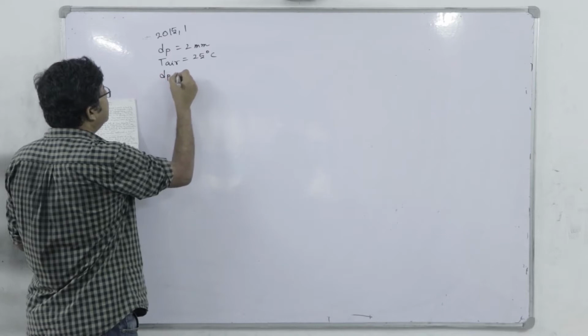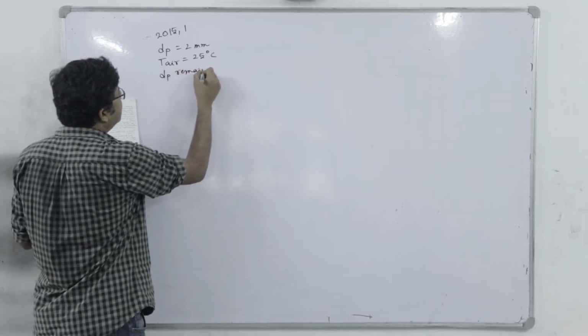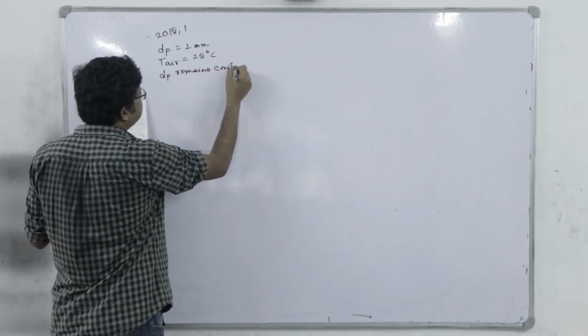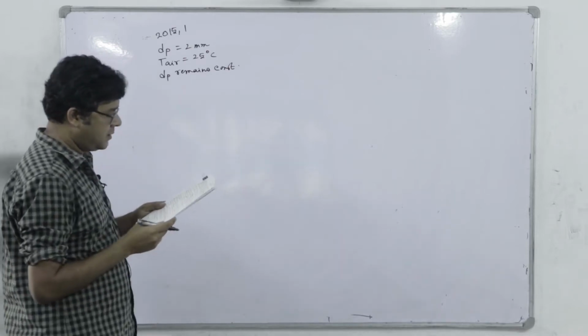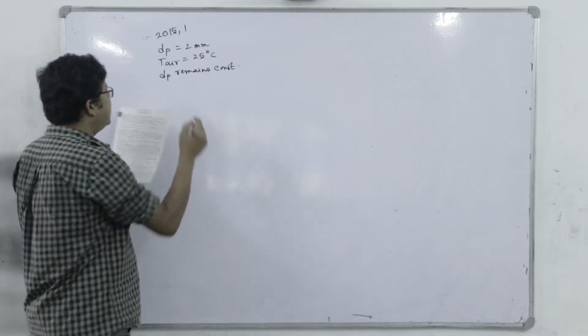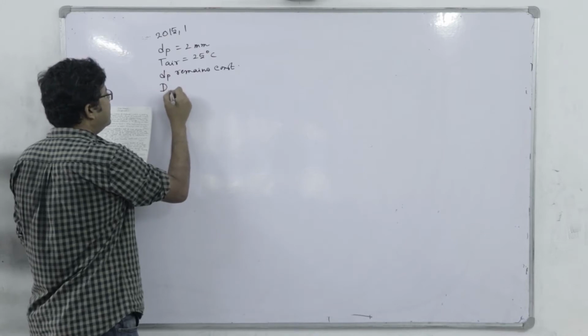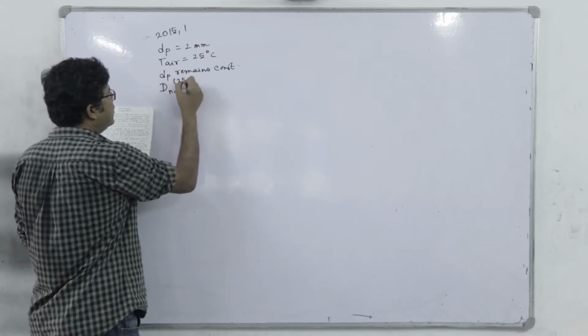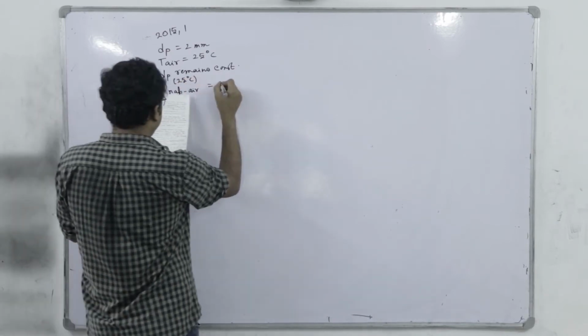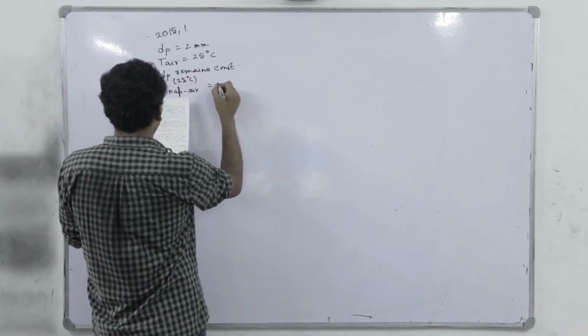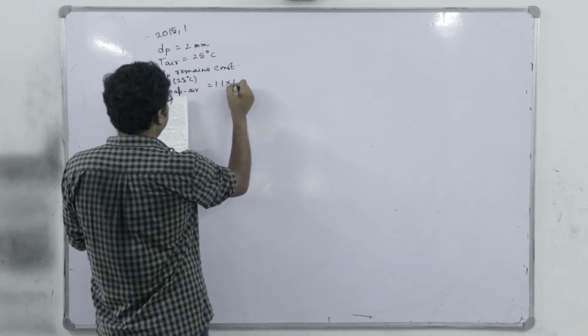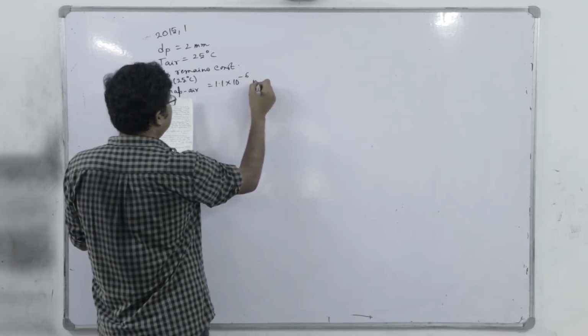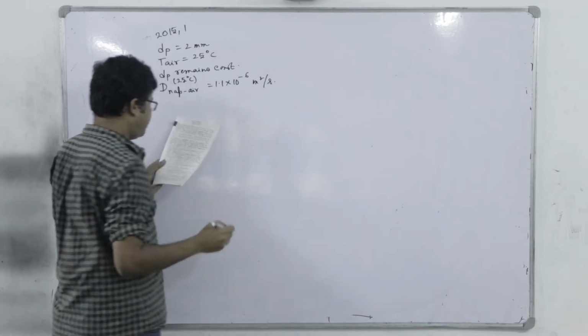So, dP remains constant. The diffusivity of naphthalene at 25 degree Celsius is given to be 1.1 into 10 to the power minus 6 meter square per second.